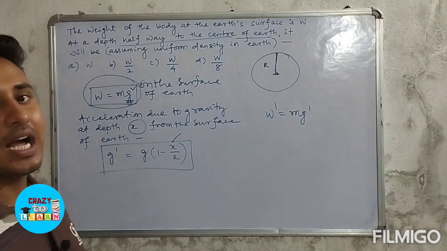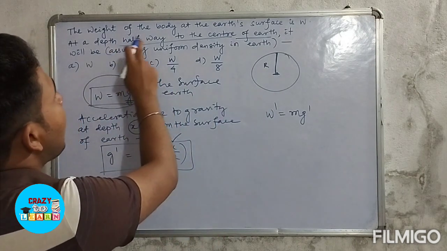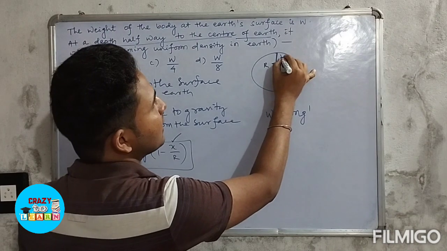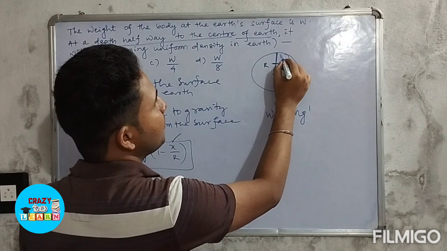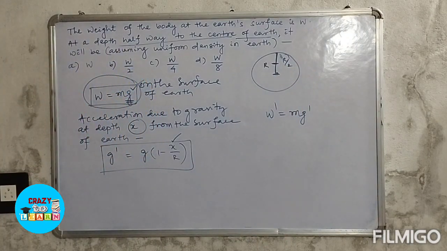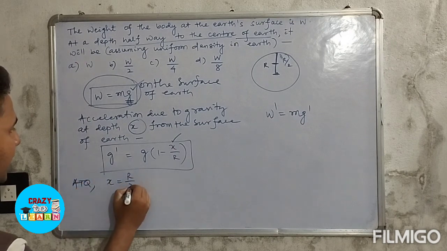Halfway means half, which is r by 2. So for this question, x is r by 2.